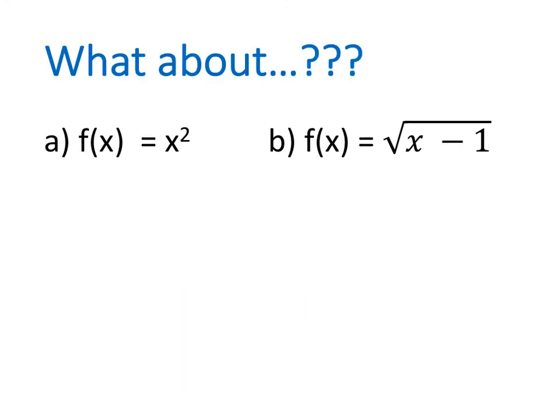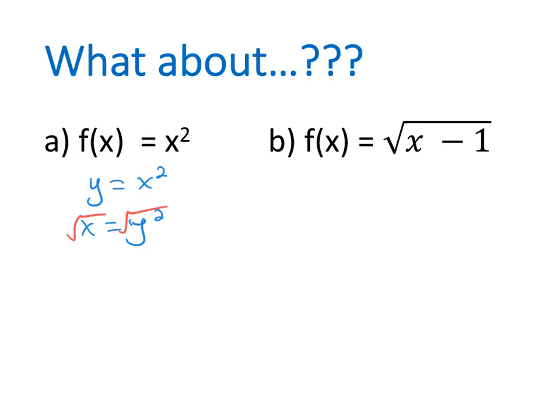So let's take a look at finding inverses of some non-linear type functions. So here we have f of x equals x squared, and f of x equals the square root of x minus 1. So if I follow my 3 steps, first step setting equal to y, second step flipping the variables. In this stage, if I want to solve for y to get rid of the square part, we'd have to take the square root to both sides.